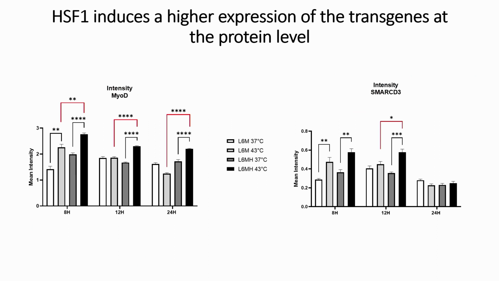So we went to investigate the intensity of both MyoD and SMART-CD3 signal, and we saw that for MyoD we have a significant increase in L6MH cell lines upon heat shock when compared to the other conditions through the 24-hour time course. And a similar pattern was observed for SMART-CD3, especially after 12 hours of induction.